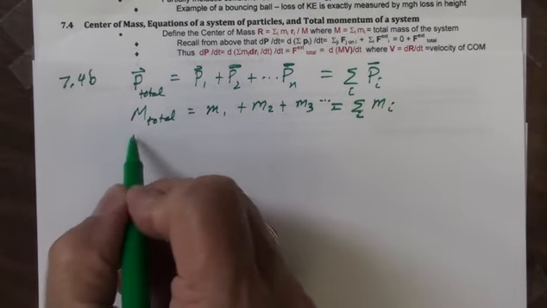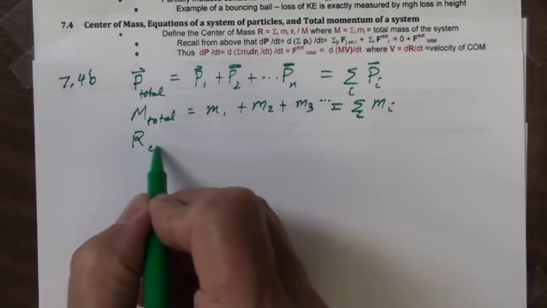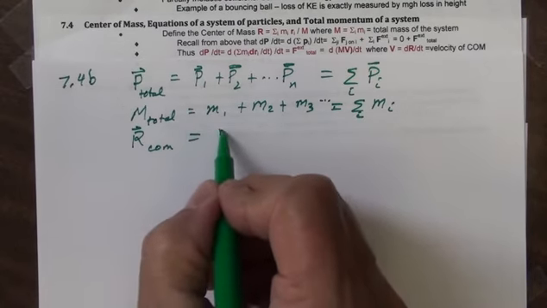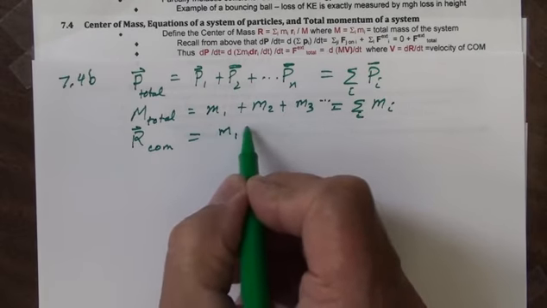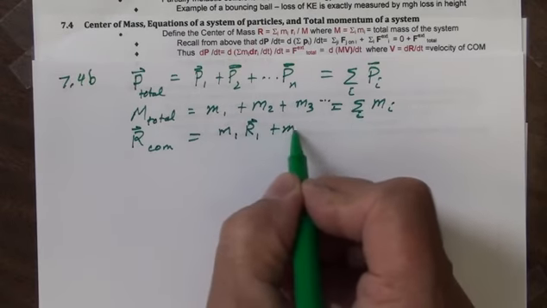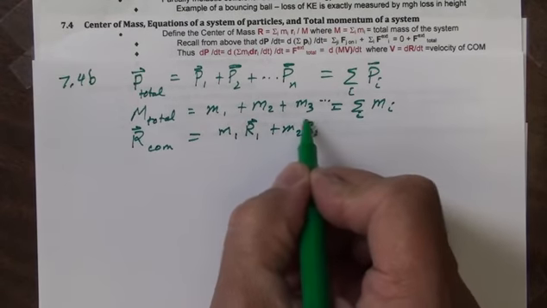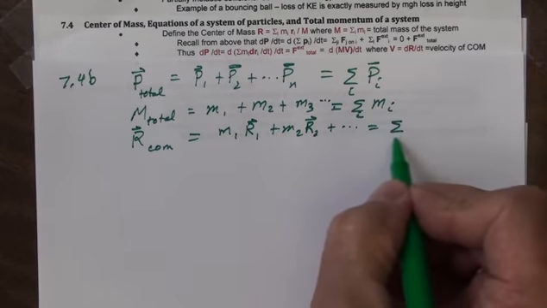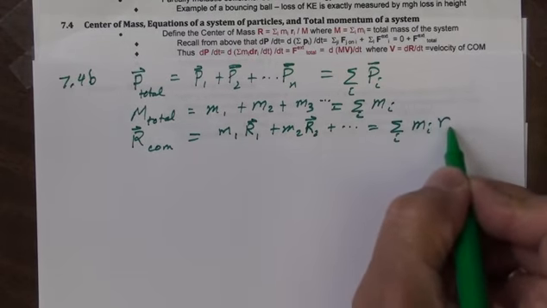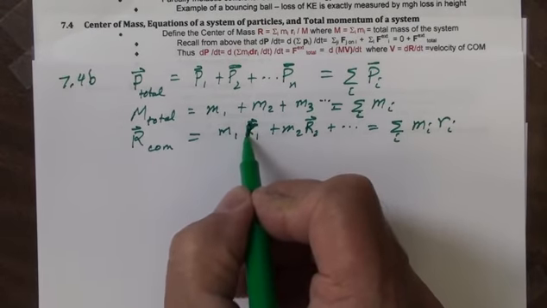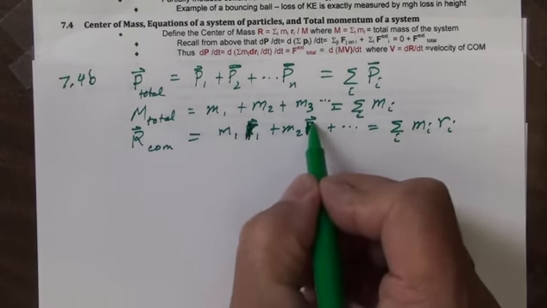We have defined the center of mass, R. The vector that goes to the center of mass is m1 times r1 plus m2 r2 and so forth. Or we could write this as the sum over i of m_i r_i. I used capital letters here, maybe I used small ones before, so let me change that to a small r.